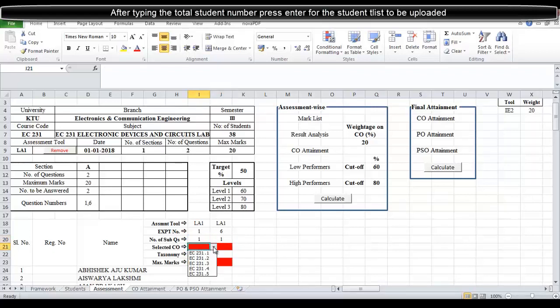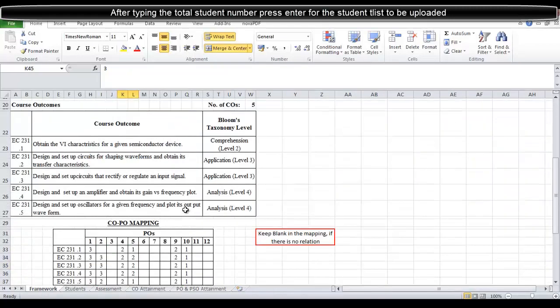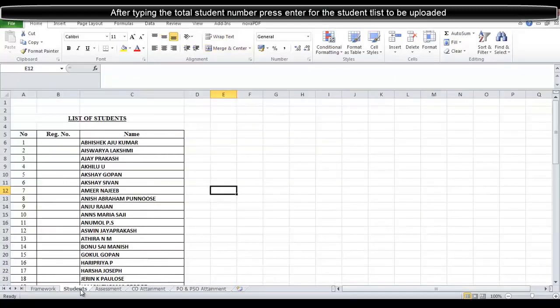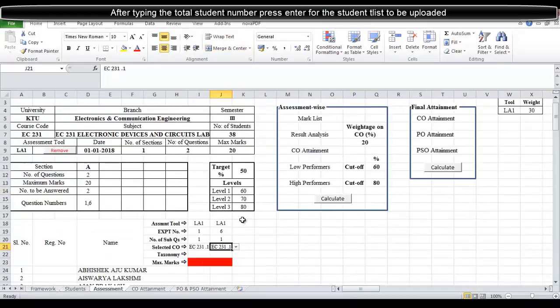Then the selected CO is the first CO. Then coming to the level, if you remember in the framework we have given the comprehension level as for CO1. So here in this sheet, in the assessment sheet, I will be writing the taxonomy as comprehension level. Similarly for the second experiment, the 6th experiment also, it's going to be comprehension level.